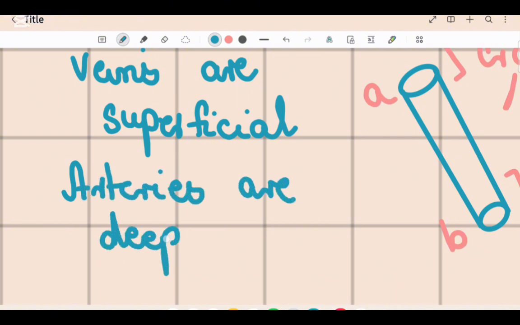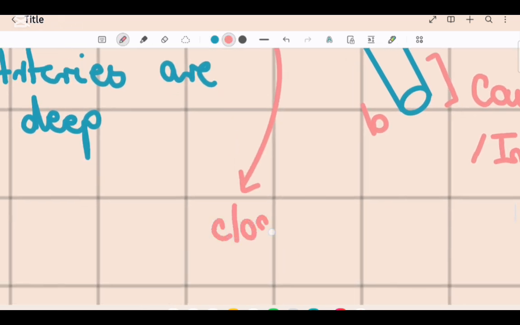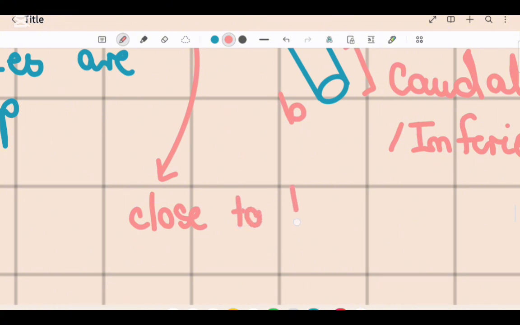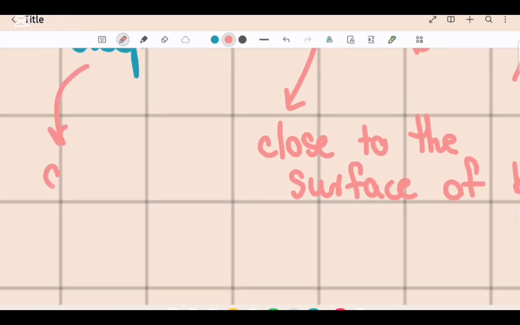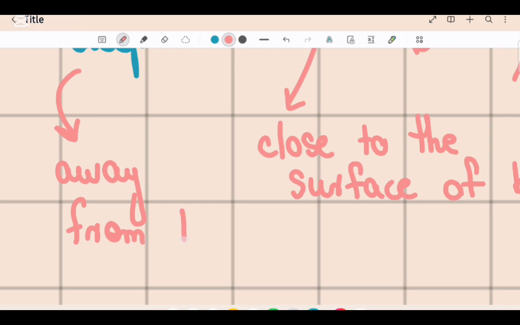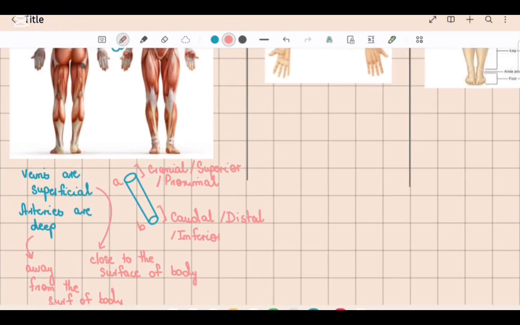Superficial is basically close to the surface of the body, and deep is basically away from the surface of the body. Okay, so that was about deep and superficial.